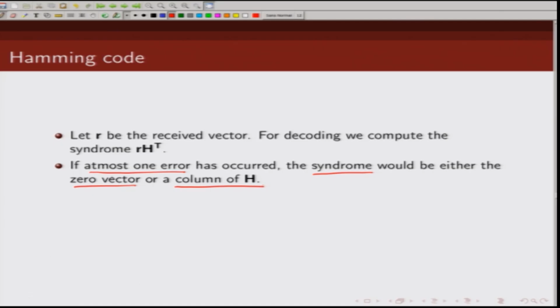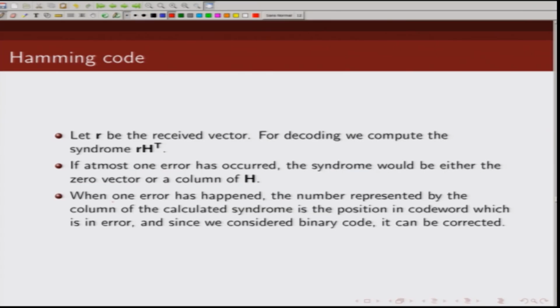So, in case of Hamming code, if a single error has happened and you have arranged your parity check matrix in such a way that the column in position i represents integer i, then the syndrome would be either a 0 vector in case there is no error, or otherwise, in case of a single error, it would be a column of this parity check matrix.